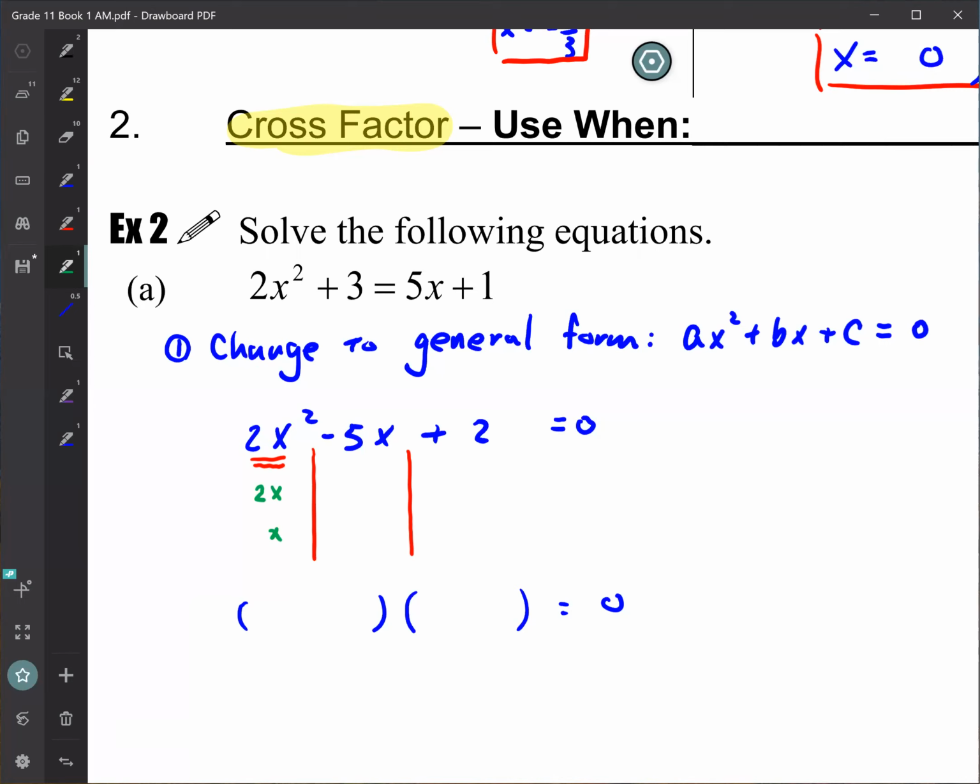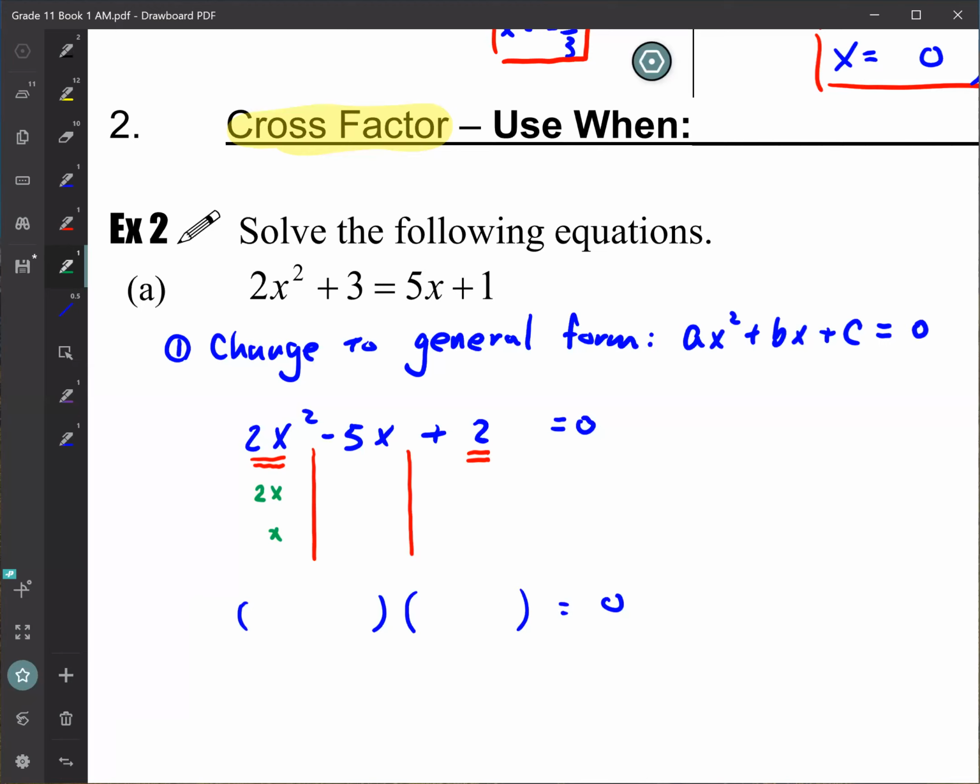Now, after you figure out the first pair, we go to the last term, the 2. Which two numbers multiply can give you 2? Okay, Eric? 2.5 times... no, multiply.